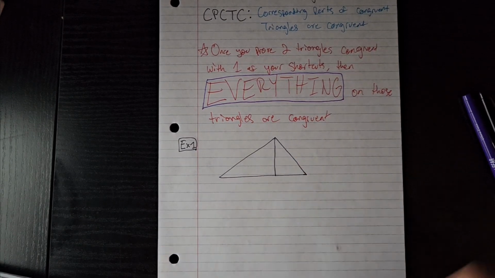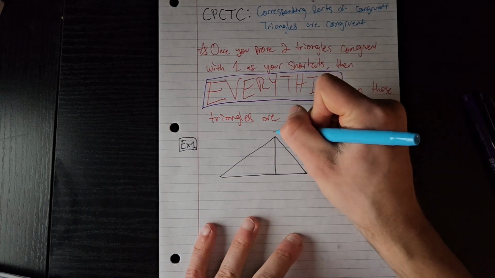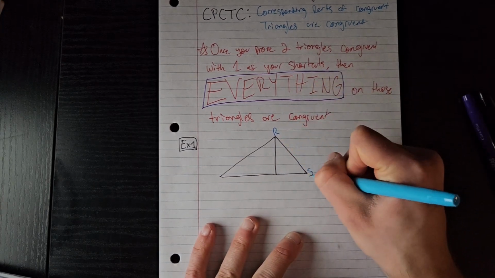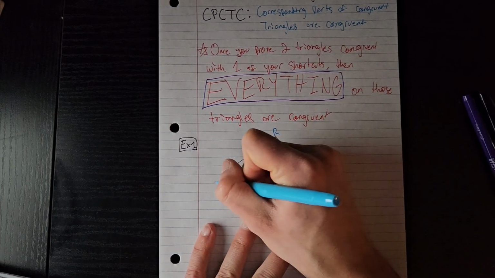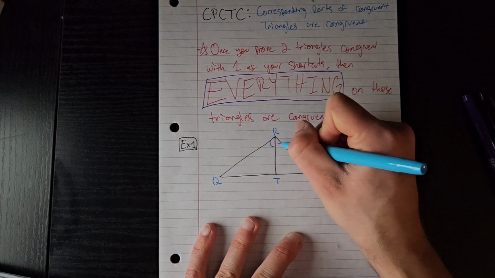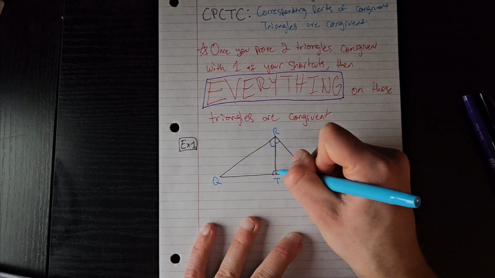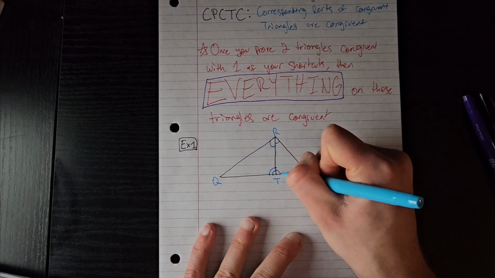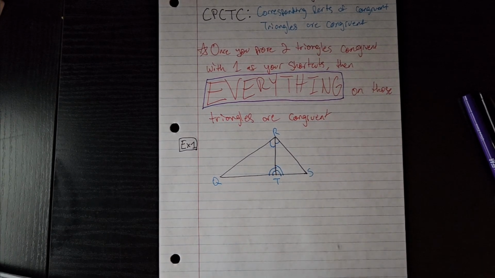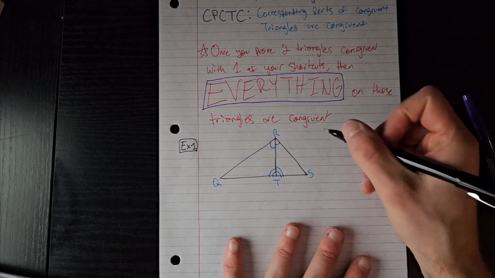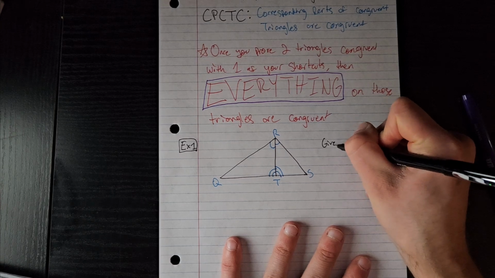So I'm gonna draw this triangle. We'll call this R, S, T, and Q. I'm gonna have some congruent marks right here and congruent marks down here. And I'm going to say my givens.